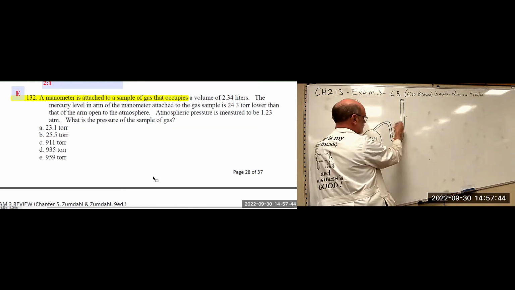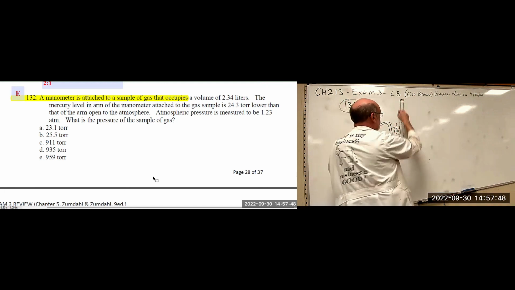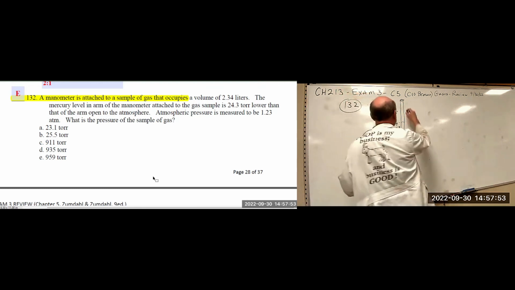That's the difference between these two. So if this is open to the atmosphere, we need to know what the atmospheric pressure is: 1.23 atmospheres.